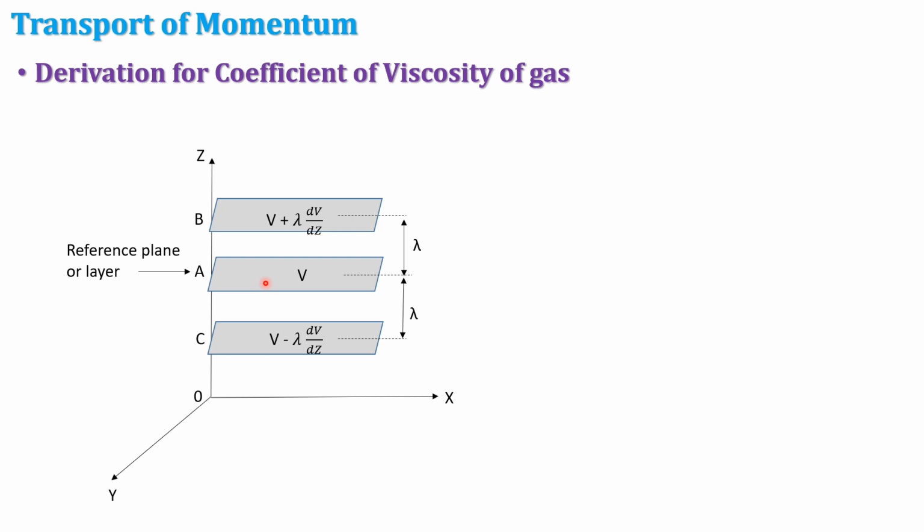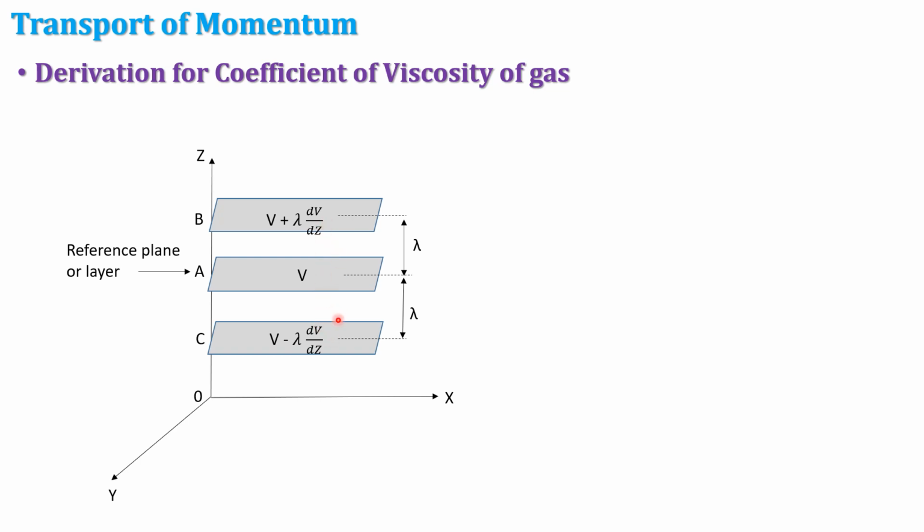Here, the velocity of this reference plane is V, and the velocity gradient is dV by dz.